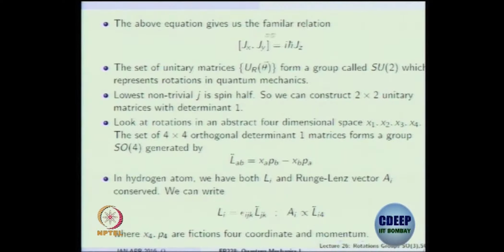Now comes this: the lowest angular momentum you can have is a non-trivial one. Spin 0 is a trivial one, right? Why is it trivial? It goes as if you don't see it. If you take spin 0, you can write it as a 1 by 1 matrix with a 0 element. There is nothing non-trivial about it.